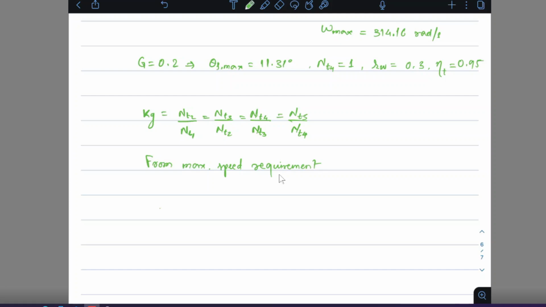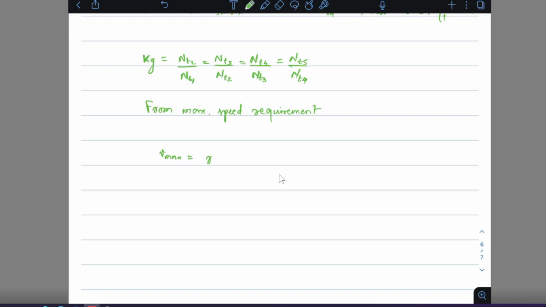We said that maximum speed is given by this expression.